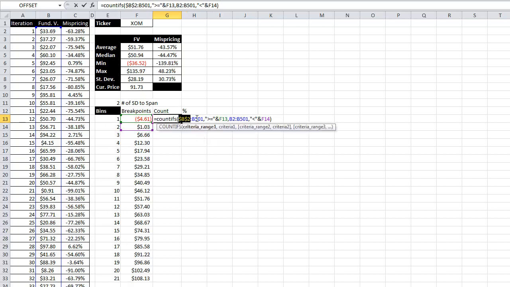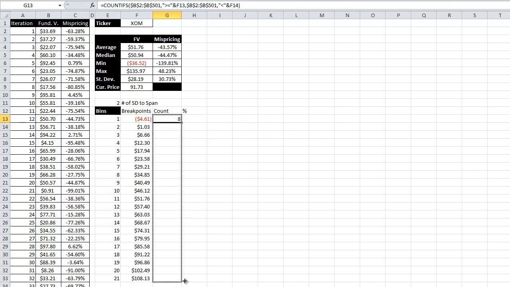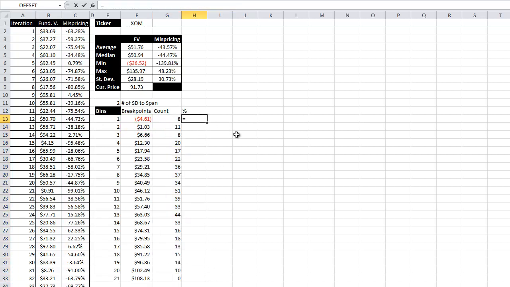Lock in the range that you're counting. Scroll down like so. And now what we want to do is figure out the percent. So we want to figure out what percentage of our iterations fall in that bin. So we'll just take that number and divide it by the sum of the whole column, and you need to lock in the whole column. Send it down the line.